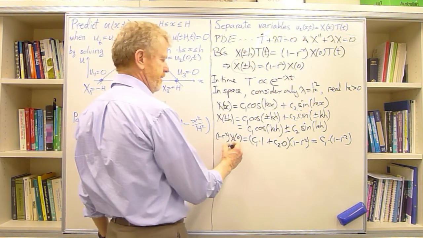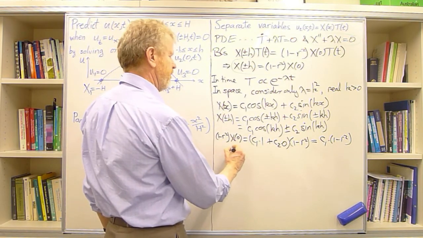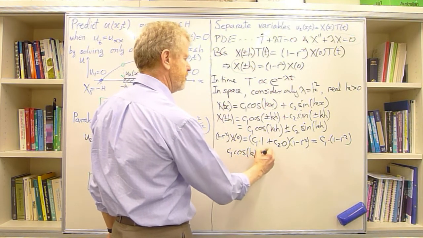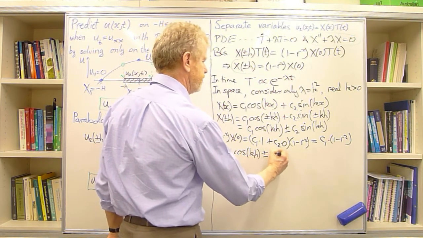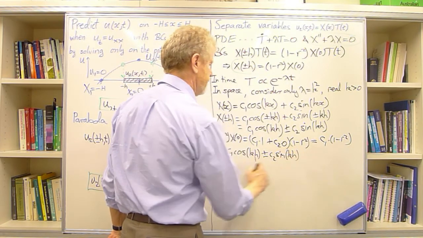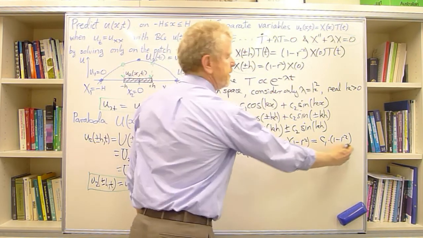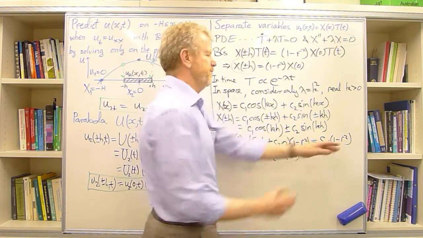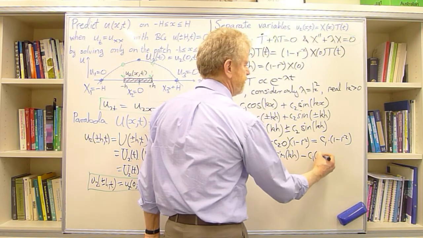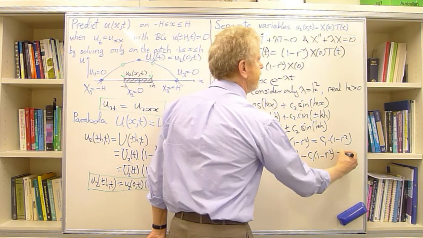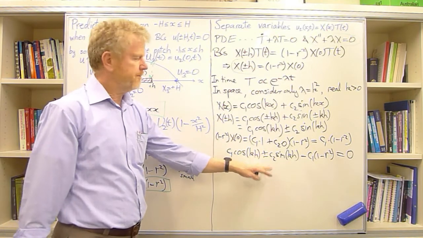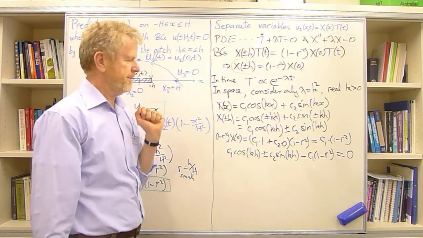So let's write that down. c1 cos kh plus or minus c2 sine kh is equal to this. But pull that over onto the left-hand side: minus c1 times 1 minus r squared has to be 0. Now these are two equations, one for the plus case, one for the minus case.